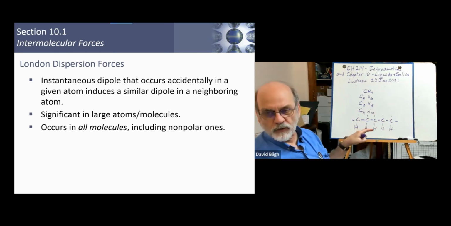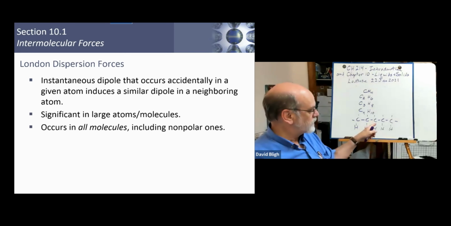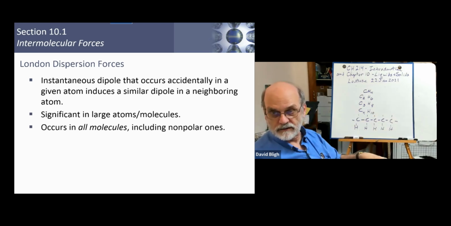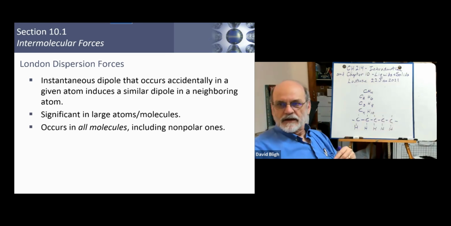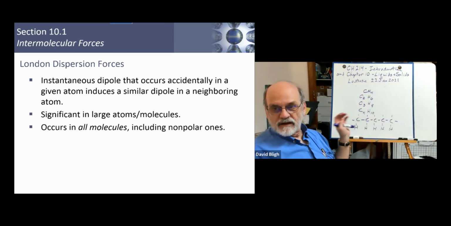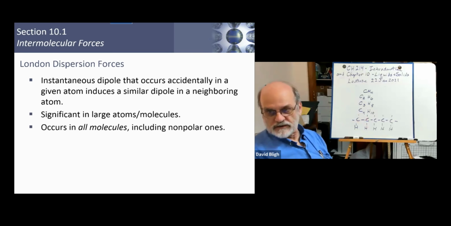And the London dispersion forces in a large molecule are more easily maintained than in smaller molecules, because you can get positives way down here and negative way out here. Or they can ripple down the molecule. And you have more opportunity for interaction between the molecules when they're big. So the larger the molecule in this series, the higher the boiling point, because of London dispersion forces.